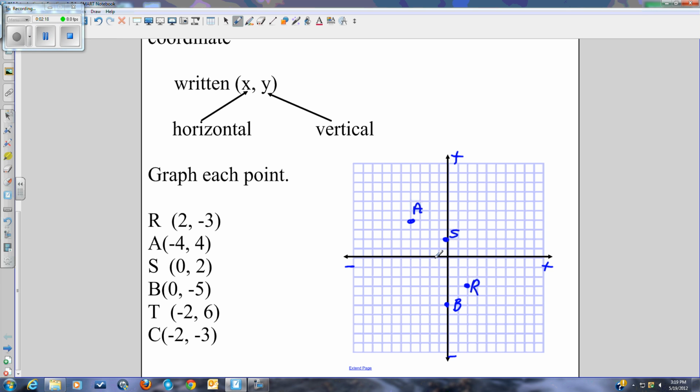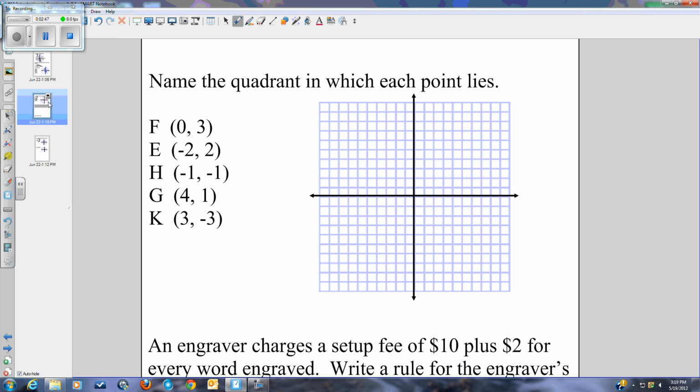We move horizontally -2, vertically +6. And there is your point T. Point C, we move horizontally -2, which means we go left, and vertically -3, which means we move down, and there is point C. So that's how you graph points.